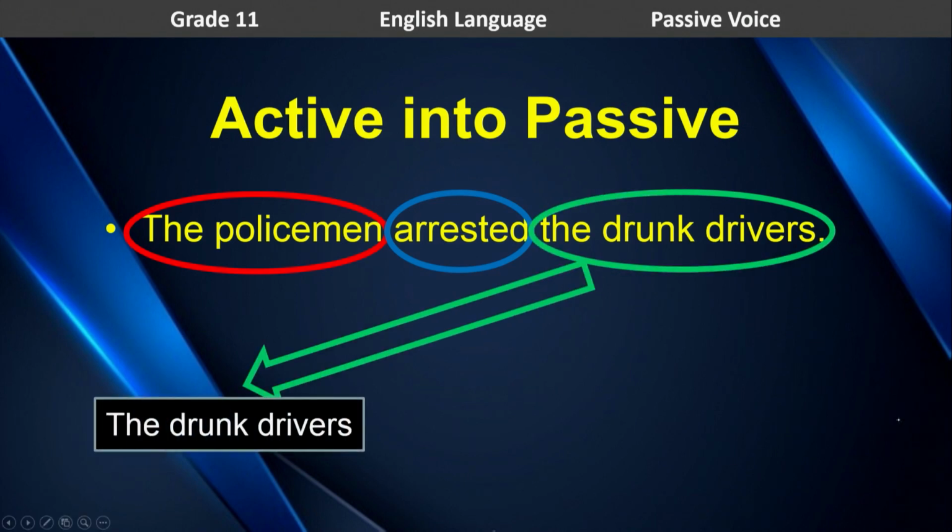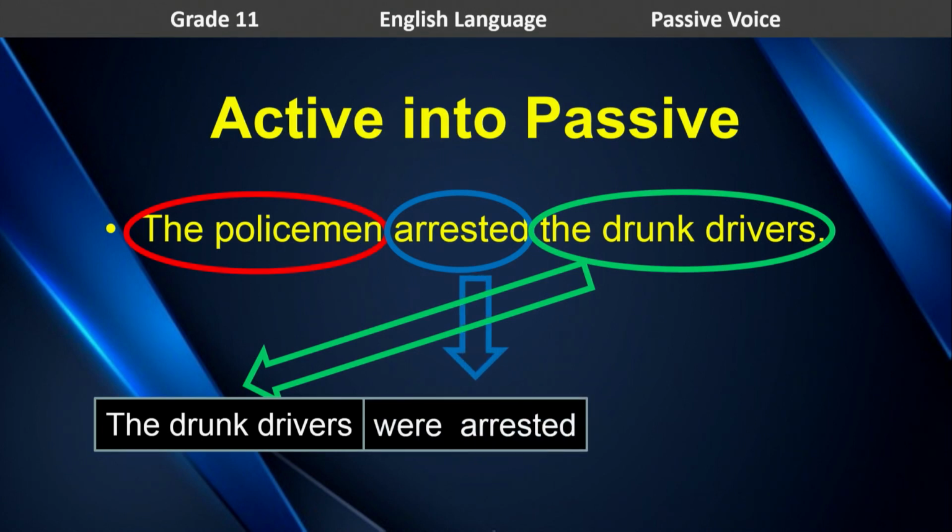So, the subject of the active voice sentence should be the agent of the passive voice sentence, and the object should be the subject of the passive voice sentence. So, the passive voice sentence starts as the drunk drivers were arrested.